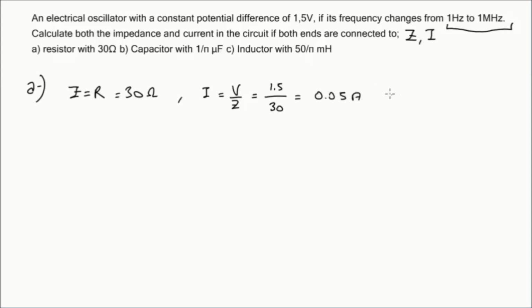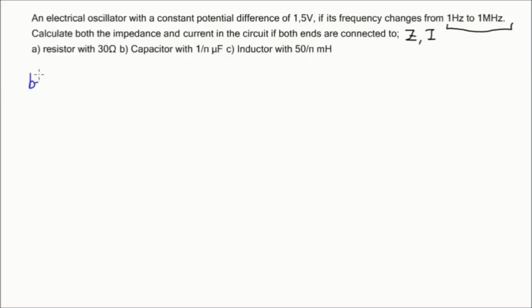This is for 1 Hz and 1 megahertz. It does not change for 1 Hz or for 1 megahertz. These are affected by capacitance and inductance. They do not affect the resistance.